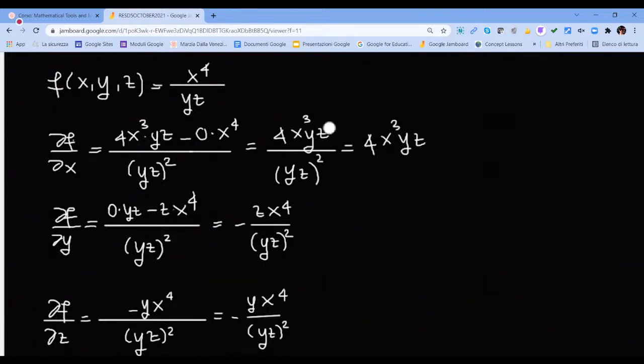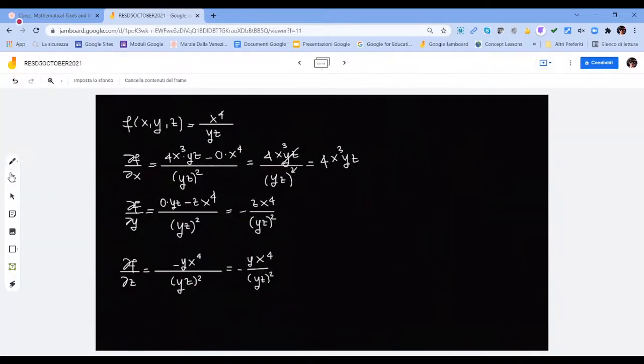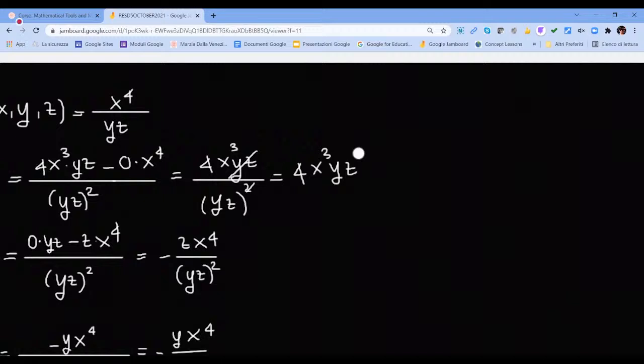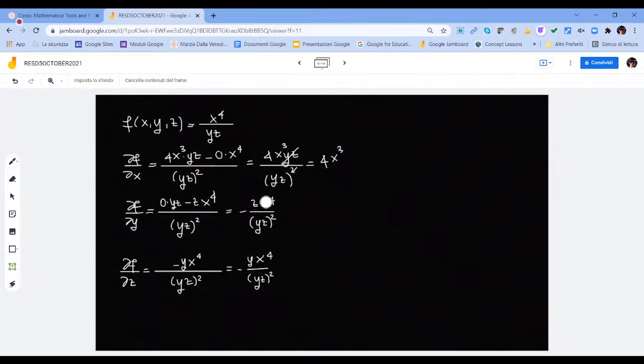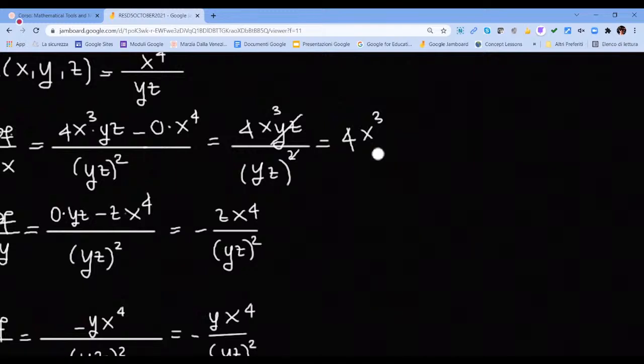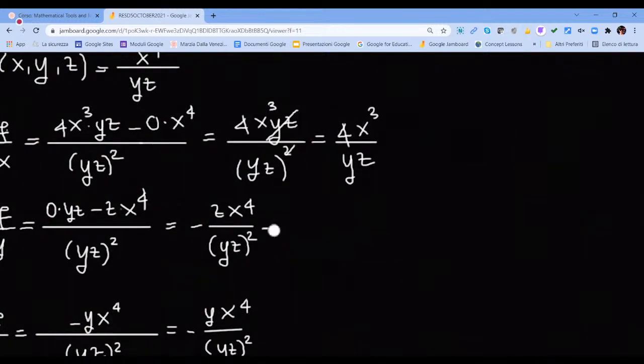You can simplify y and z, and the two, maybe we can do it in one step, and then it remains this one. Of course, if you have to compute some value of these partial derivatives, it is easier to simplify something that you already have.